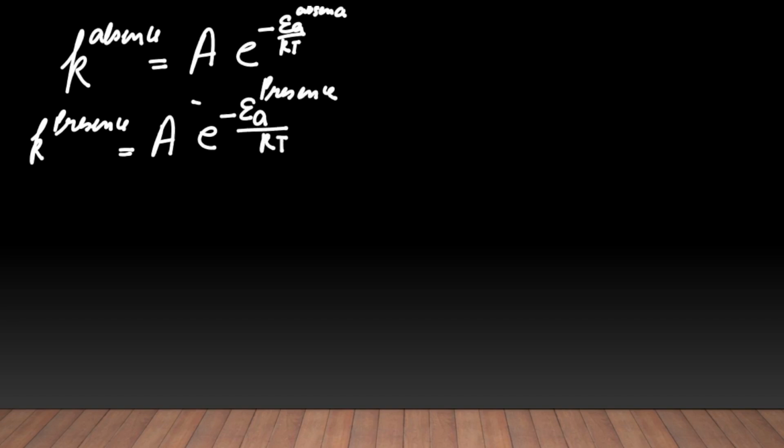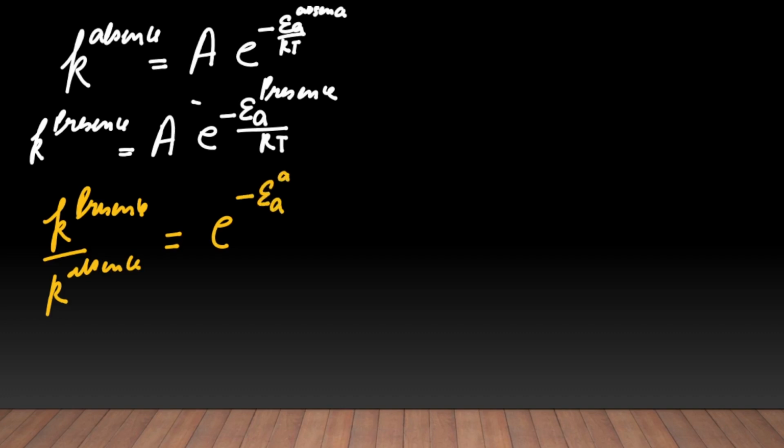This A is going to remain the same because the reaction we are doing is the same; just the catalyst's role comes into play, and a catalyst only affects the activation energy and not anything else. So the ratio of the rate constant in the presence to that in the absence becomes e raised to the power of minus activation energy in the presence upon RT, divided by e raised to the power of minus activation energy in the absence upon RT. The A terms cancel out.